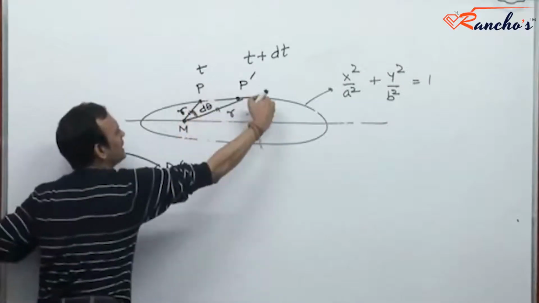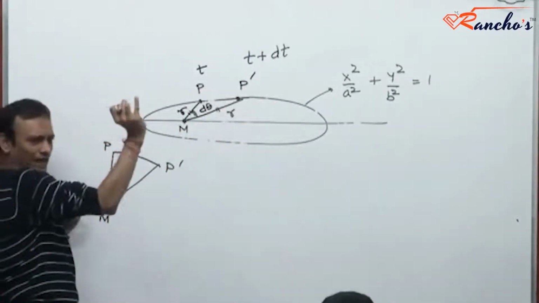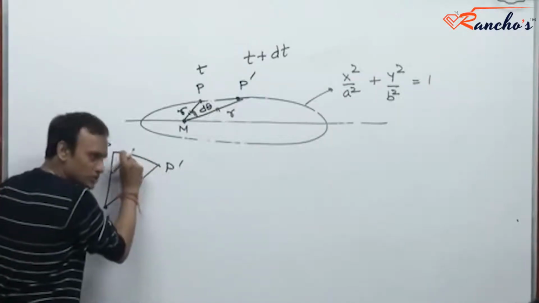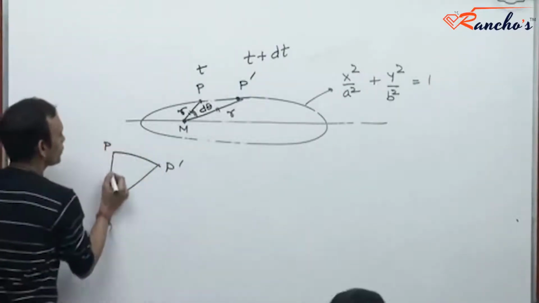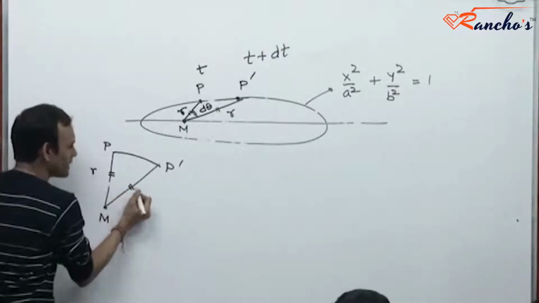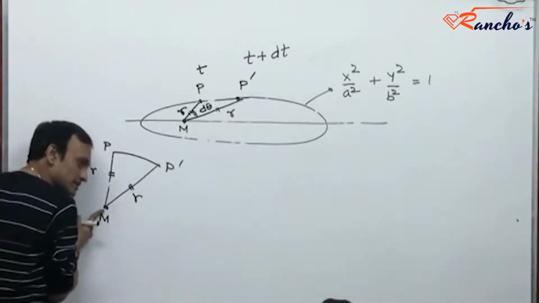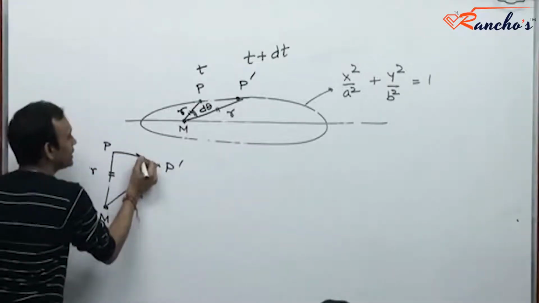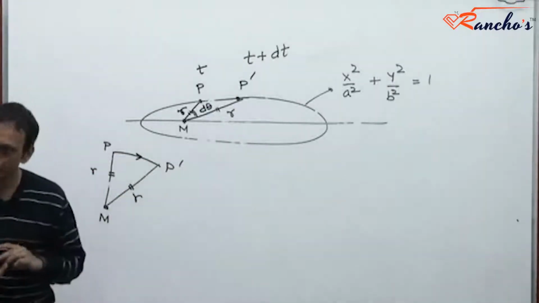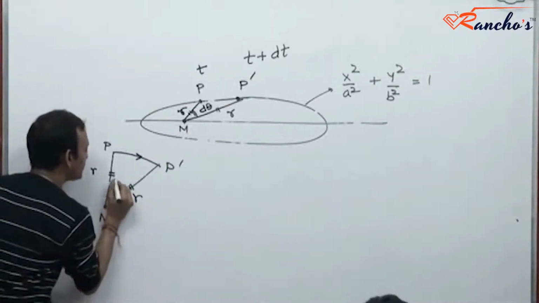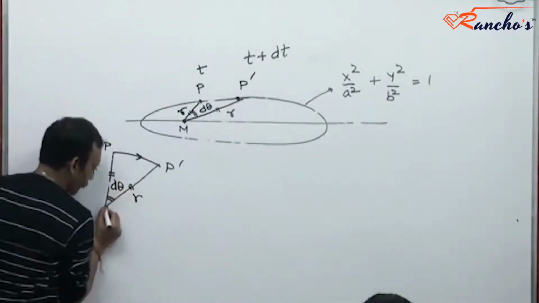This is practically like a circular path for a small time dt. It could be approximated to be a circular arc with radius r, because r remains practically the same, centered at M in its journey from P to P prime, describing an angle d theta at the focus.